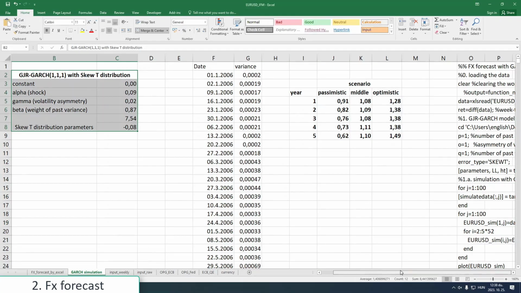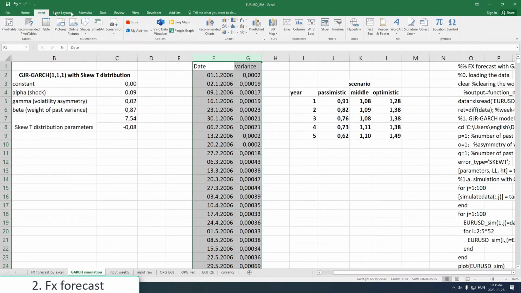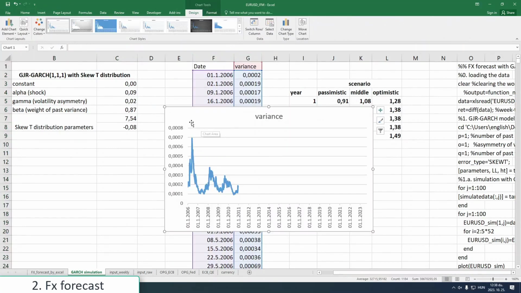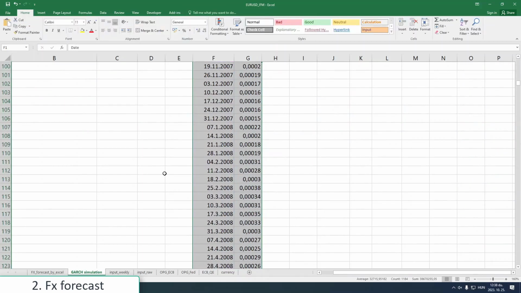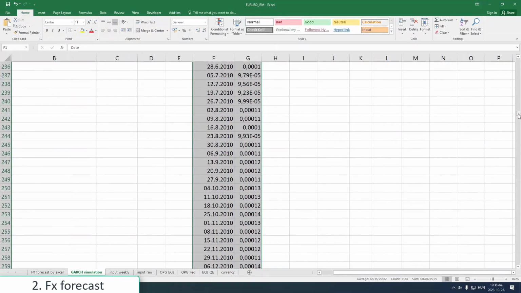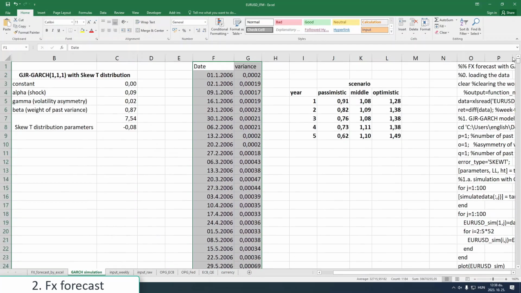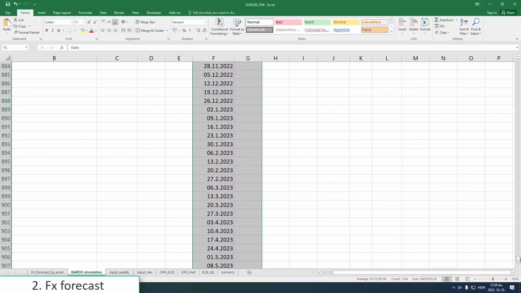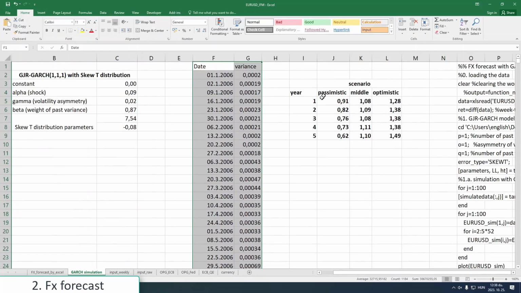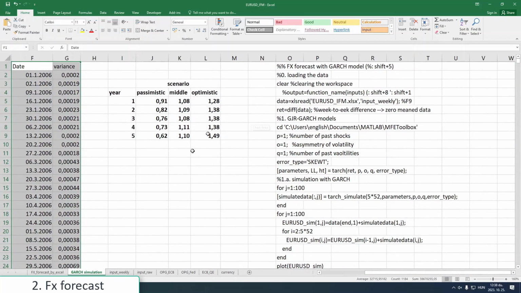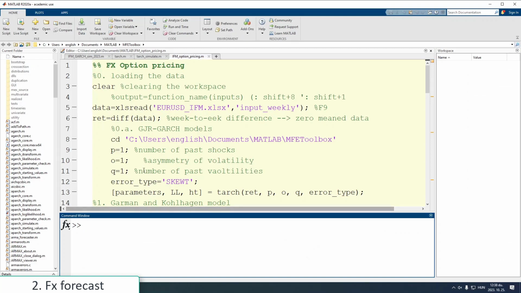Okay, this amount of information is completely enough about this, and now it's necessary to add the nice, come on, graph. What happened here? I did not copy everything here. Okay. Then let's run this again.